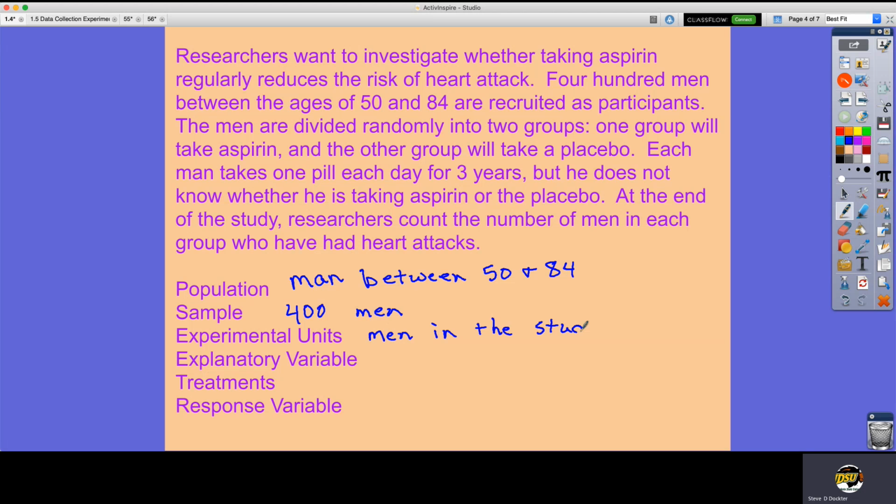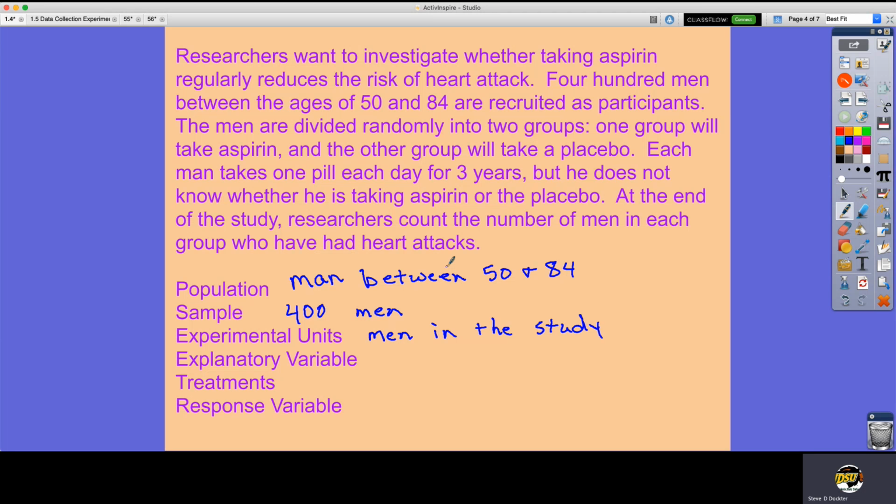Yes, ma'am. No, because it's already in the population, that's assumed. So what Abigail said was, for our sample, do we have to say 400 men between 50 and 84? That's already assumed because it's in our population there.